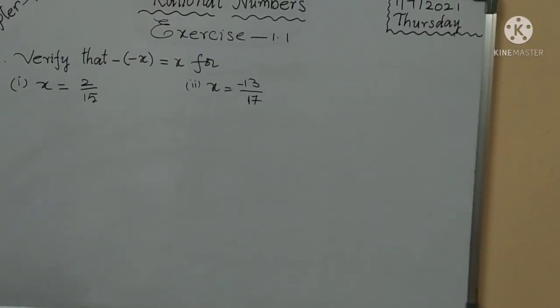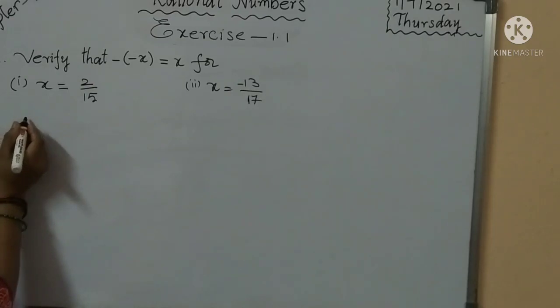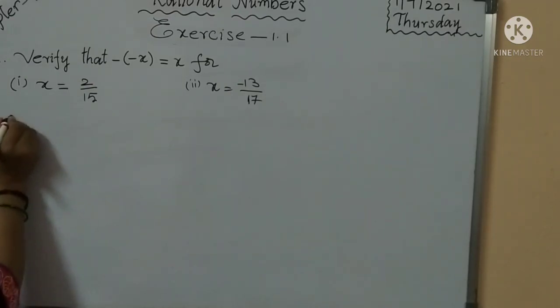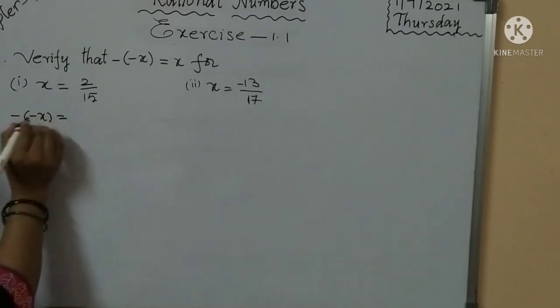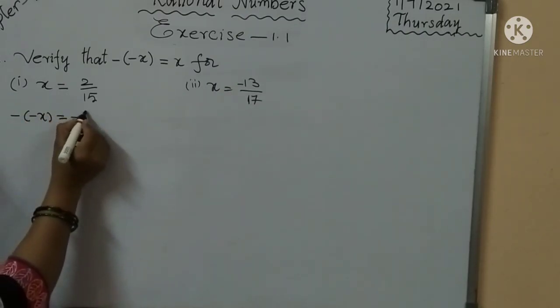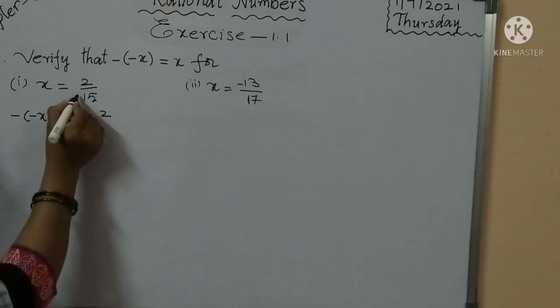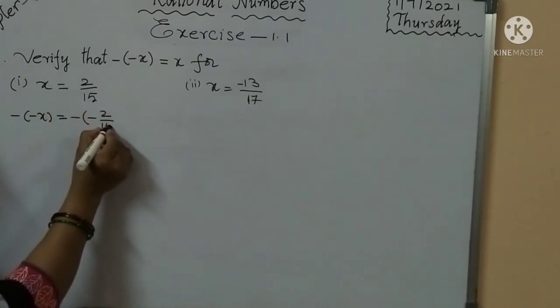Next, 12th problem. Verify that minus of minus x equals x. First one is x equal to 2 by 15. So minus of minus x, what is the x value? 2 by 15.